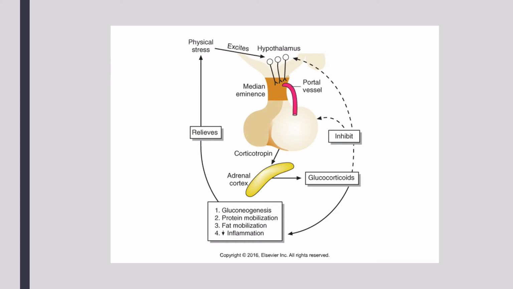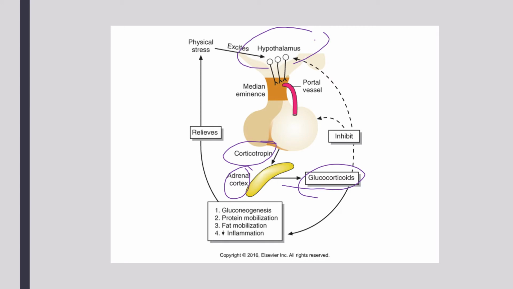So here's your HPA axis, your hypothalamus up here at the top. What's happening here is it produces and controls your endogenous corticosteroids. When you have something like a physical stress, your pituitary tells the body to release these stress hormones. It goes to the adrenal cortex, and the adrenal cortex then releases glucocorticoids.